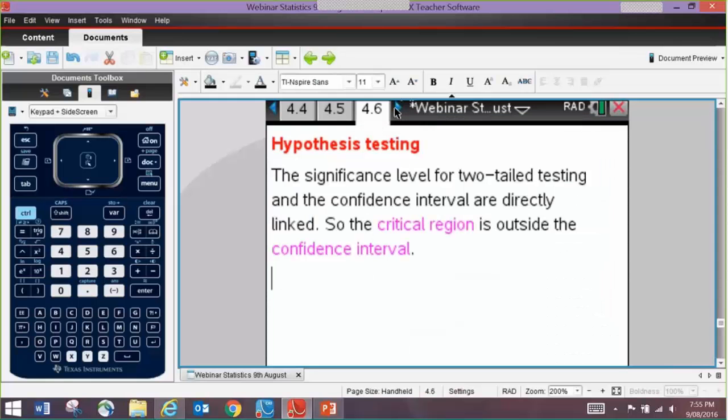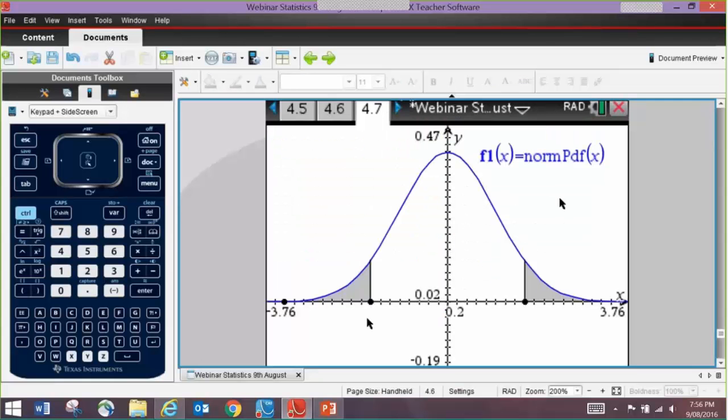So the other thing with the confidence interval and how it links to hypothesis testing, and that is that the significance level for two-tailed testing and the confidence interval are directly linked, that the critical region is outside the confidence interval. So I've just drawn a little normal PDF here, and I've greyed out the 2 critical regions.